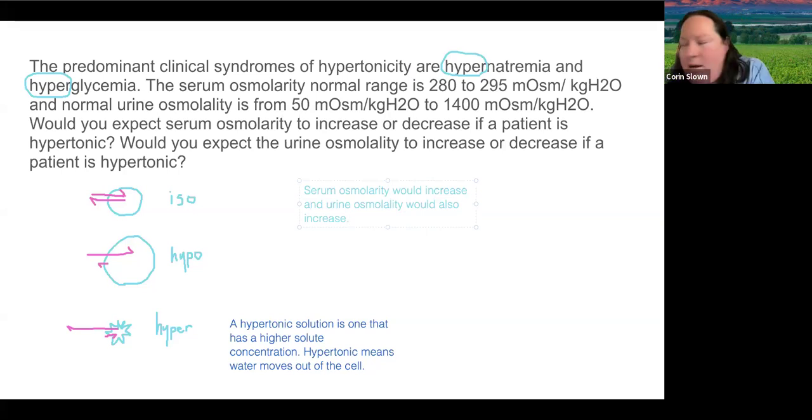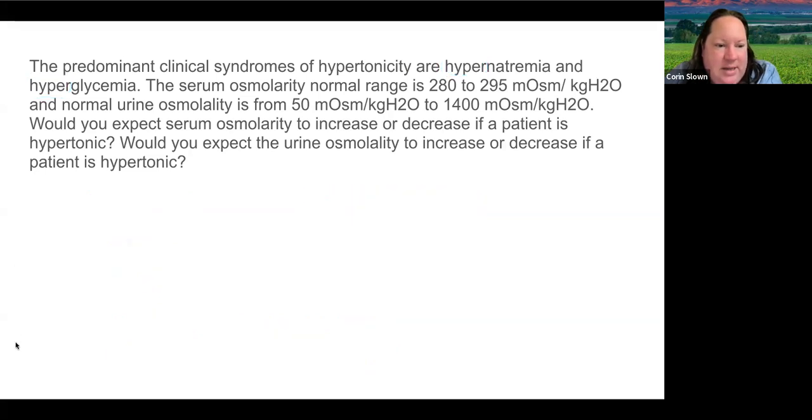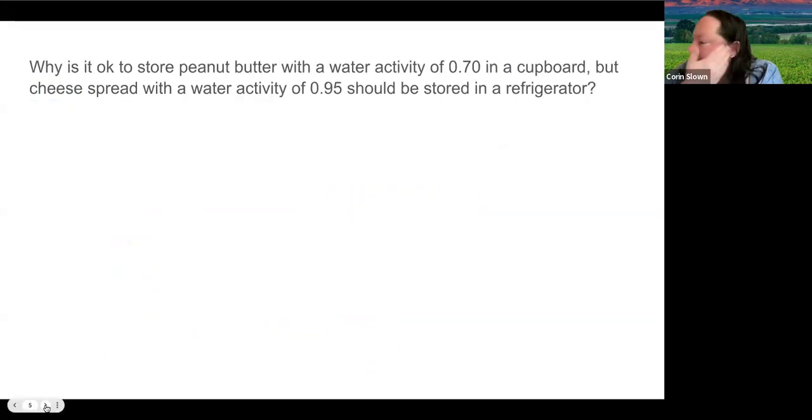And both of those are because they're measures of concentration. So our concentration inside the cell would increase. Okay. So that gives us an opportunity to kind of think about solutes and concentration.